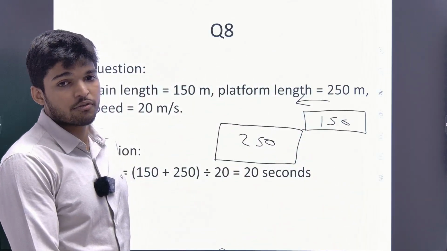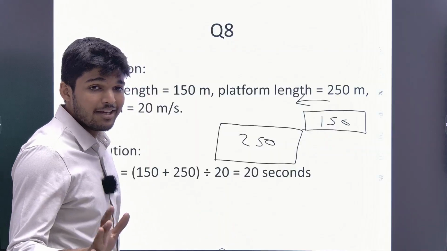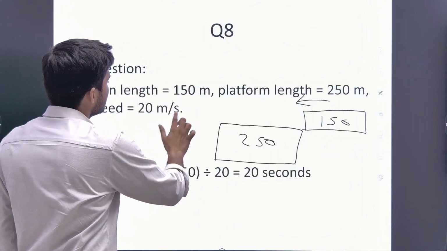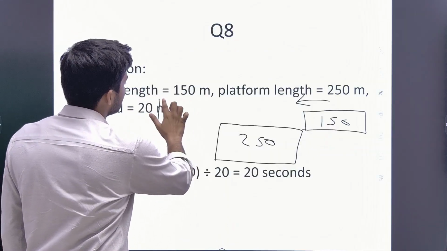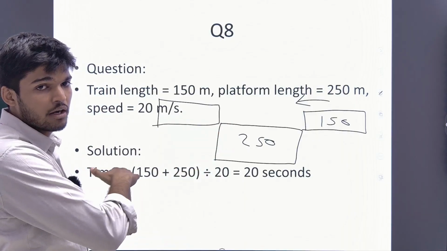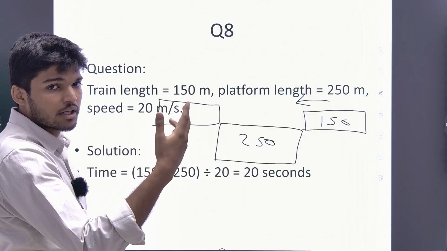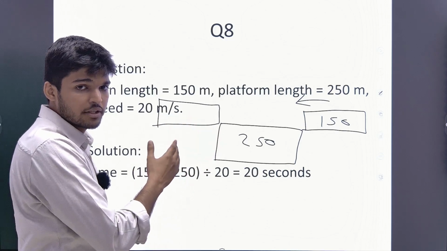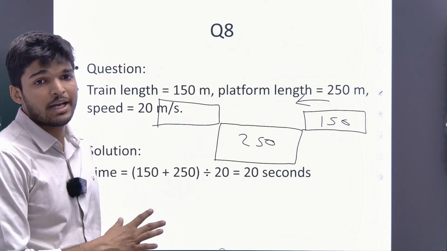And this process of crossing the platform ends when the train reaches this point. The train has moved ahead and has crossed it. At this point, the process of crossing the platform ends.